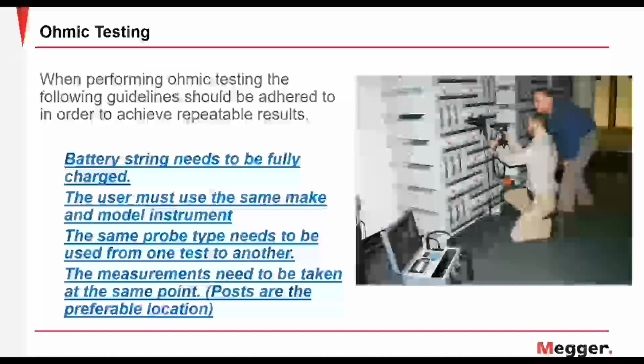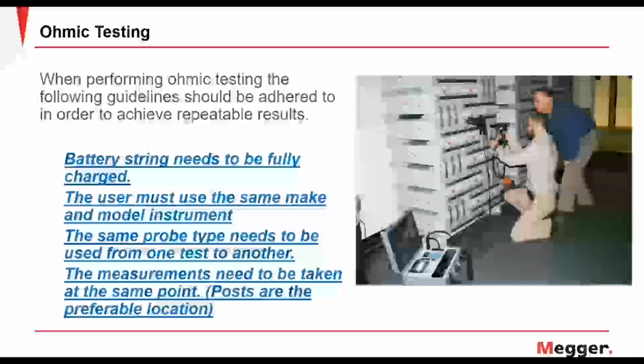Some tips when you are performing this test: always use the same model and make between this measurement and previous measurements, to make sure that you are not using a different test frequency or different test current, so you can really compare with your baseline value.